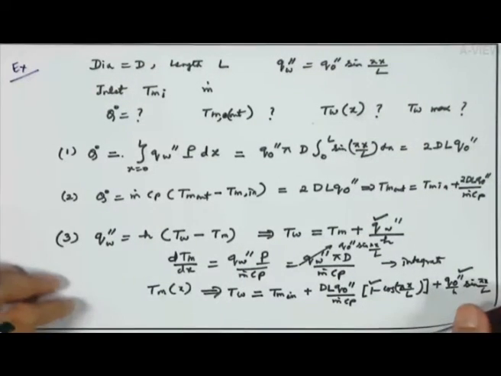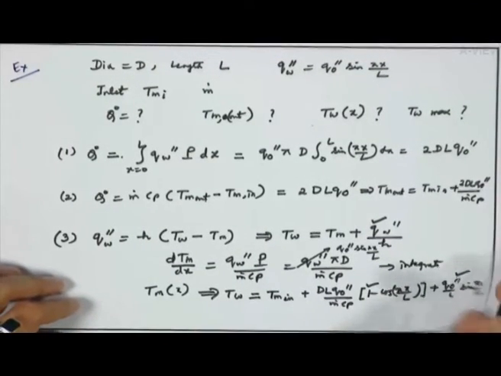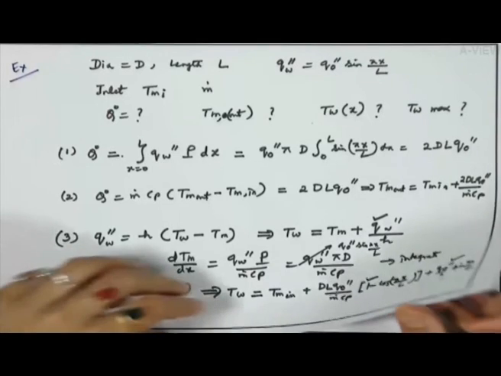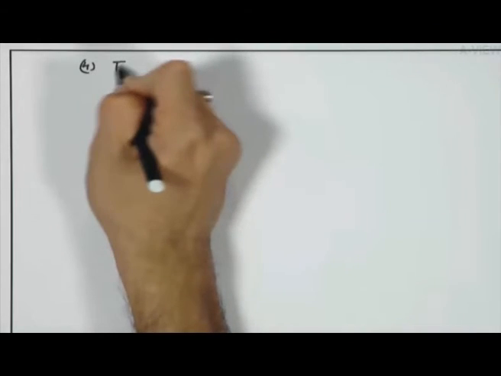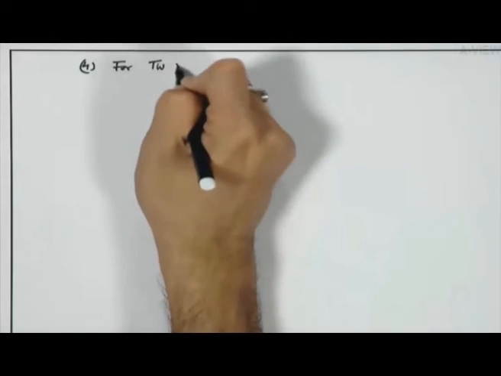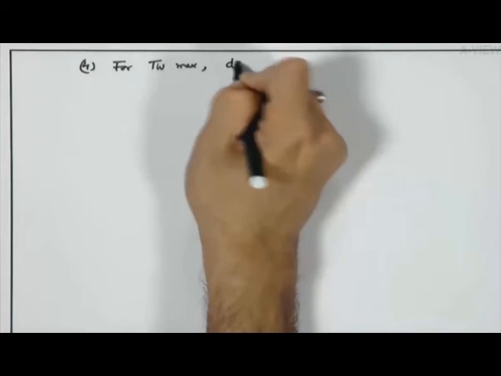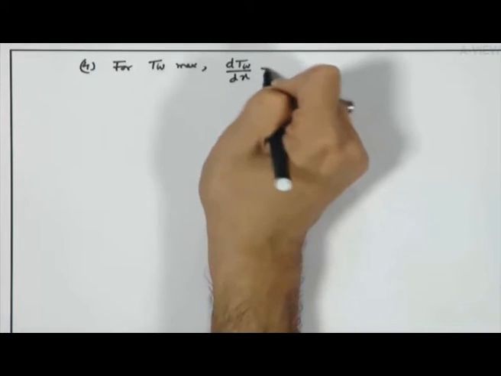The fourth is, what is the maximum temperature and where is it located? For T wall maximum, you must have dT wall dx equal to 0.